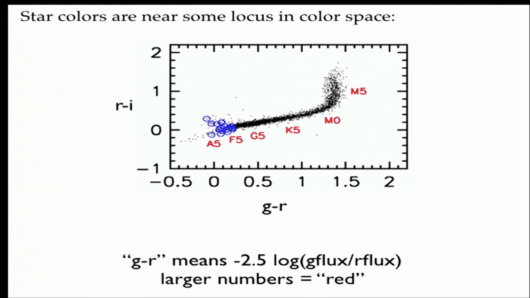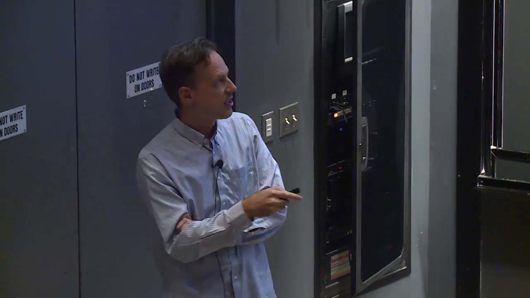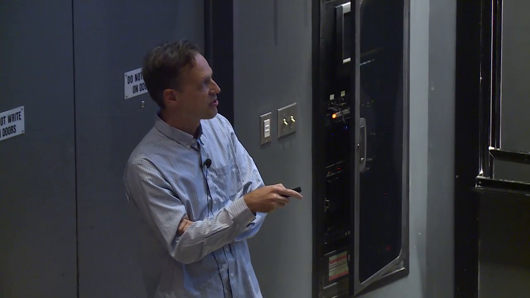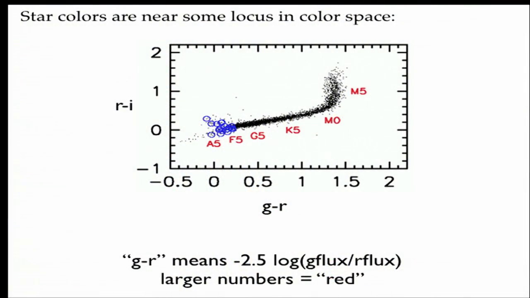So I should just be clear here. Astronomers are insane. They like to measure logs of everything. That itself isn't insane, but you could use natural log or something, but no, it has to be minus 2.5 times log base 10, which turns out to be close to minus natural log. So if you want to, just think of this as natural log.